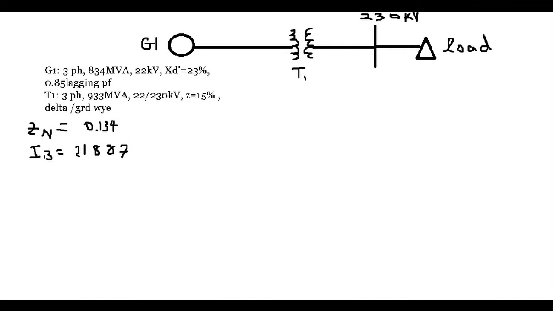Okay, now that we've got the new impedance value, let's draw an equivalent circuit. The equivalent circuit, you have your generator, the impedance at the generator, impedance of the transformer, and then I'll just draw an open switch representing the fault location.